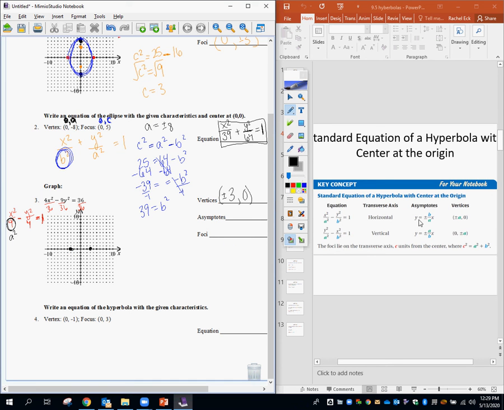Asymptotes is another thing that we want to know. It's an equation: y equals positive b over a x and negative b over a x. B over a is the slope of this line. So what is b? Where can I find it? Well, b squared is underneath the y squared. So 4 represents b squared, meaning that b would be 2.